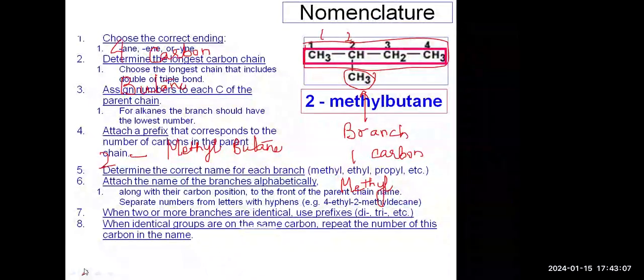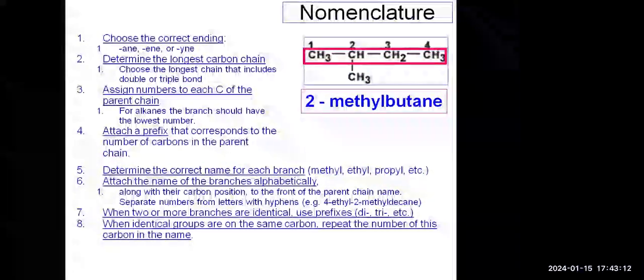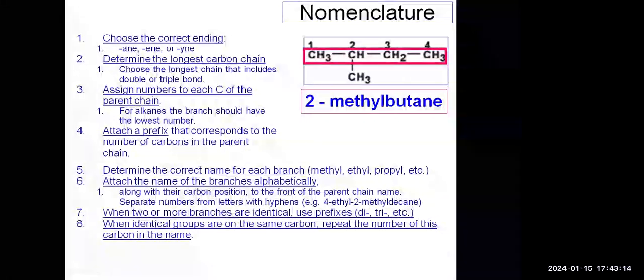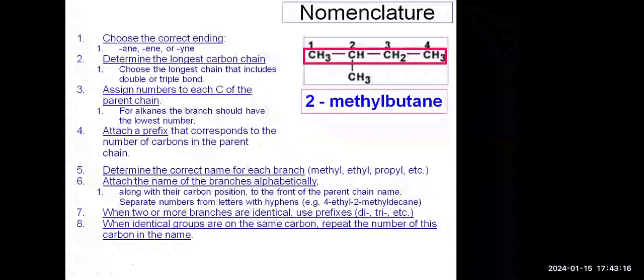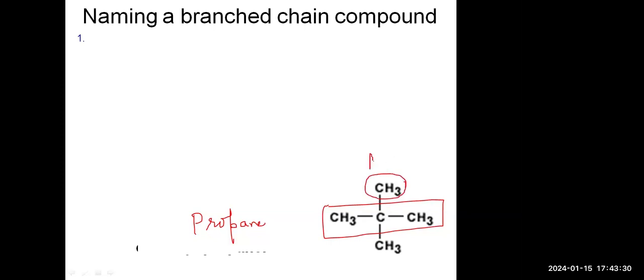Right? I hope you are understanding. Now here, this is the parent chain. The parent chain has three carbon atoms, so propane. Now this is a branch, methyl.